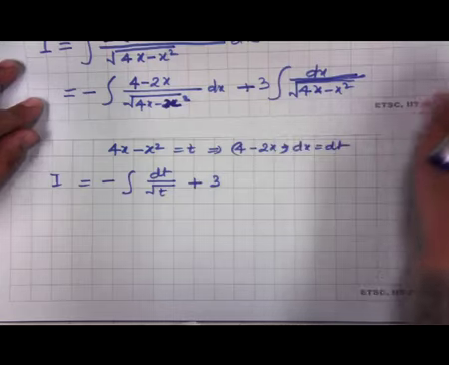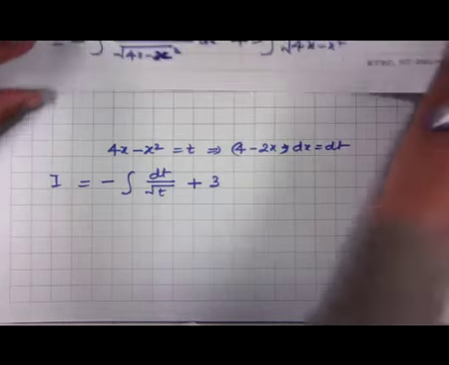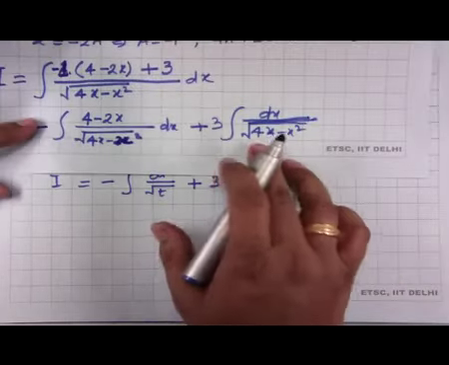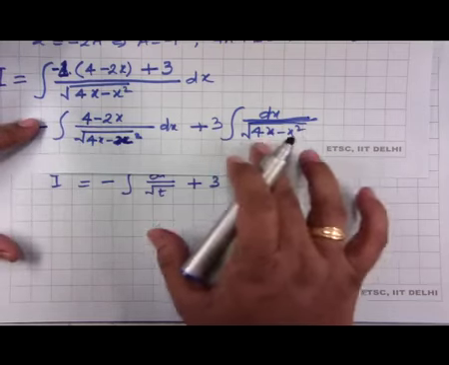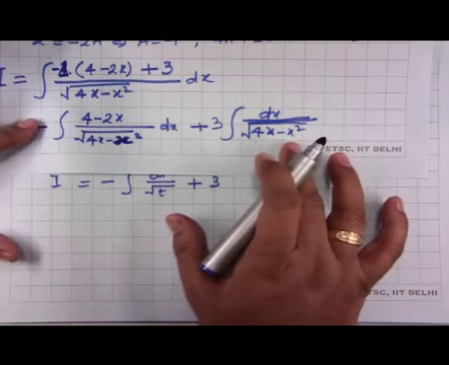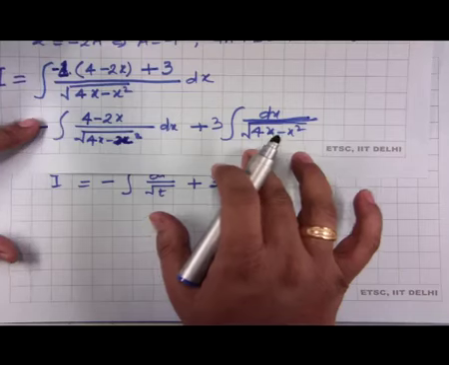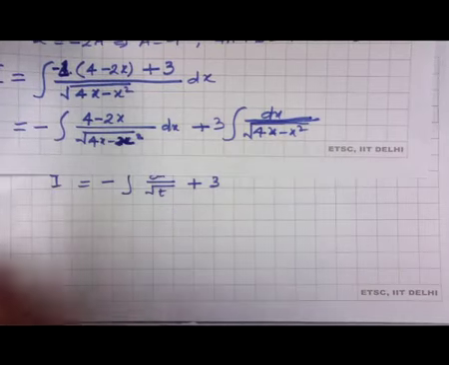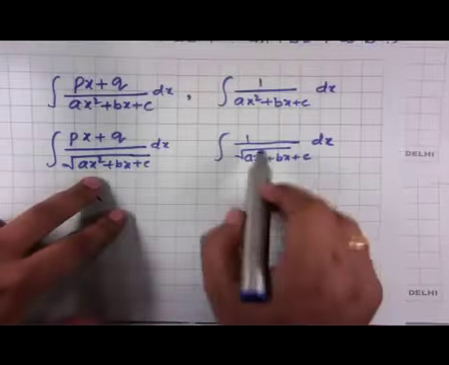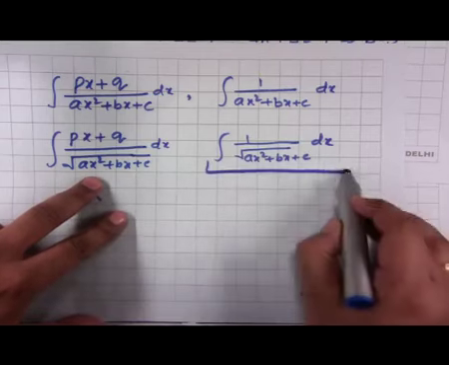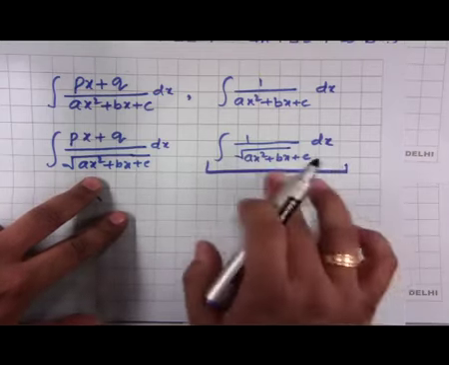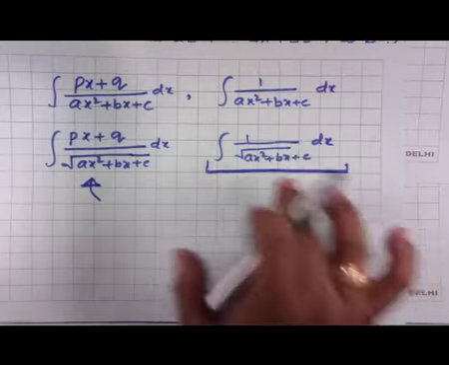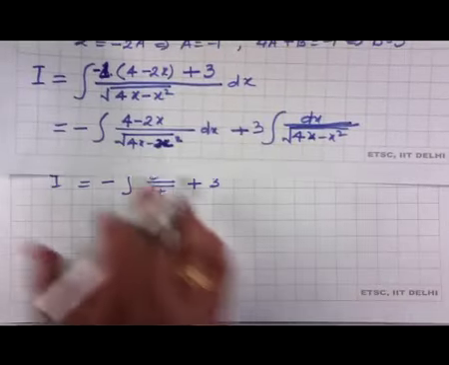Now, to evaluate the second one, it is of the form 1 by square root of ax square plus bx plus c, the first form which we discussed in the previous class. So, we will try to make a perfect square out of it.